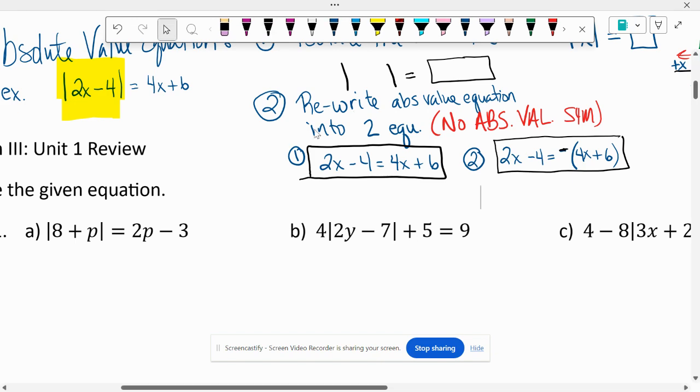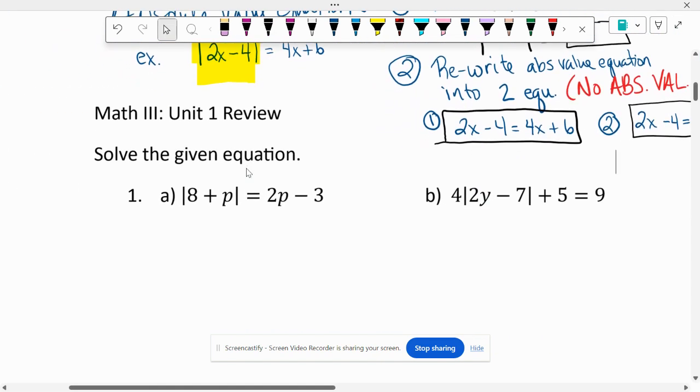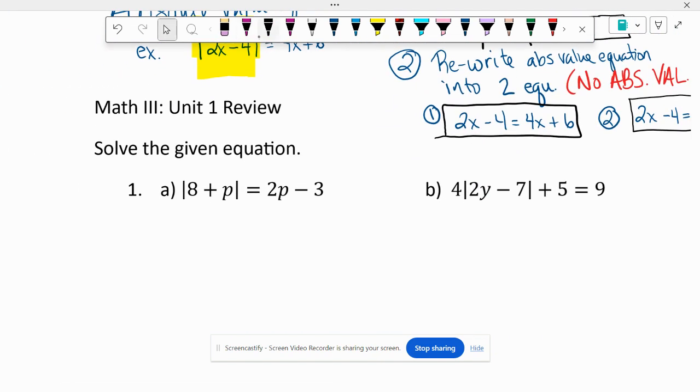So I'm going to look at this first example. I'm going to try and go nice and slow. So notice that in this first example, 1a, the absolute value is already all by itself on the left-hand side. So that's great. We're going to write two equations. The first one, no absolute value signs, 8 plus p equals 2p minus 3.